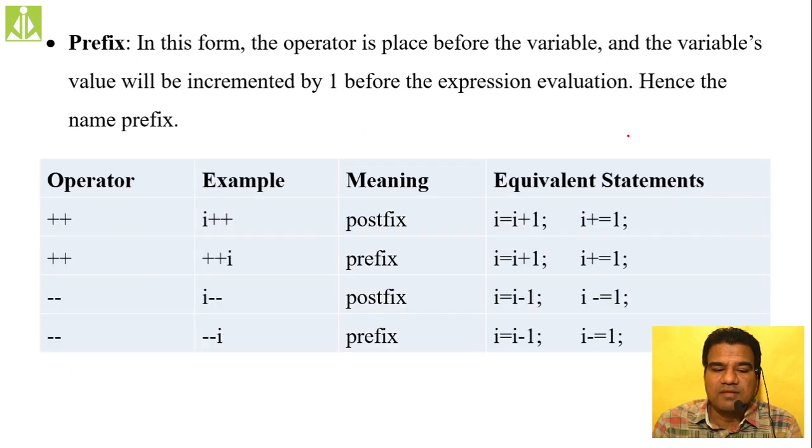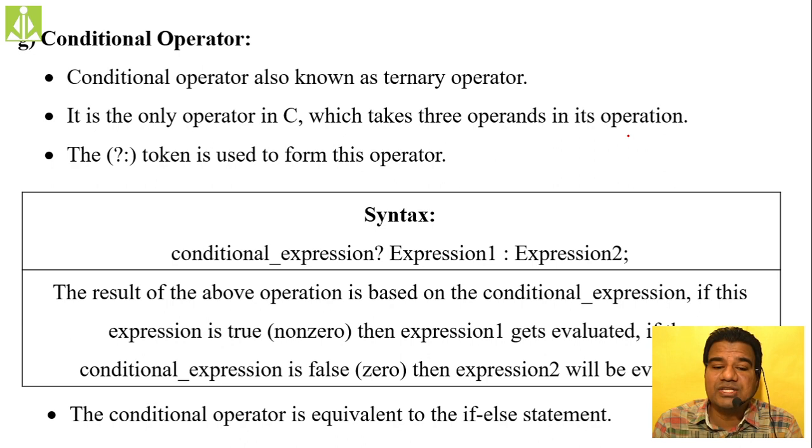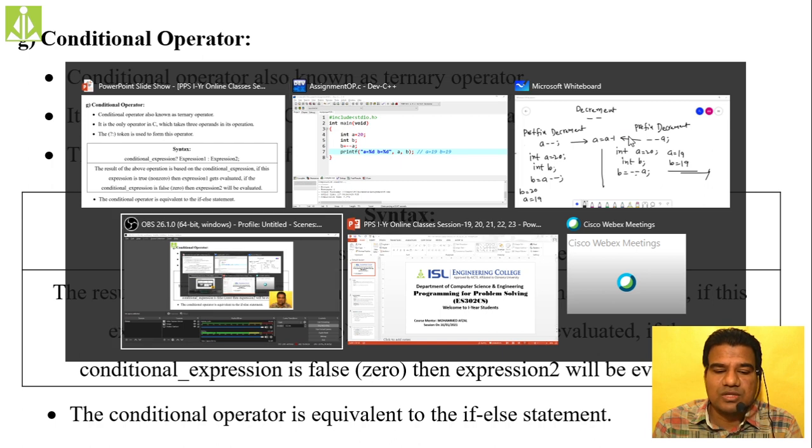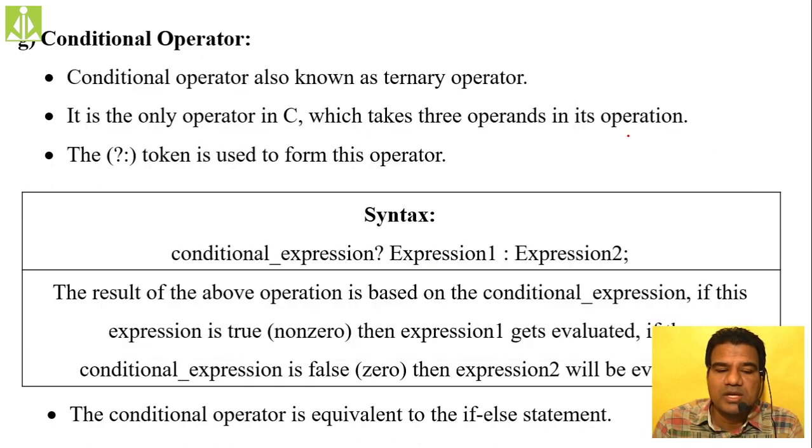Then we have the conditional operator. It is a very important operator. The conditional operator is also known as the ternary operator. This is the only ternary operator in the C language, which takes three operands. Ternary in the sense it takes three operands to show its functionality.